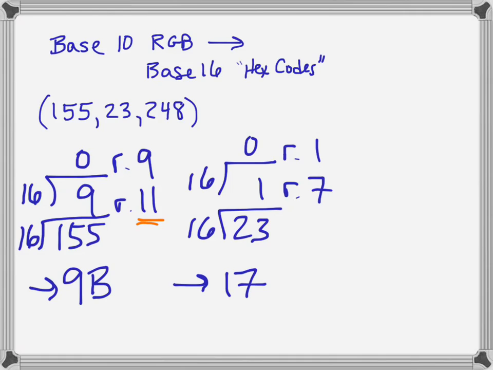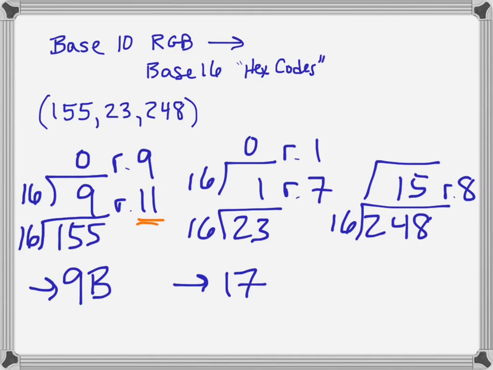And then finally 248. 16 goes into 248 15 times with a remainder of 8. 16 goes into 15 0 times, remainder 15. And then 15 gets represented by an F in hexadecimal, and 8 would just be an 8.